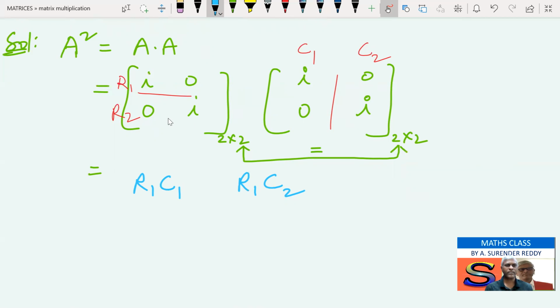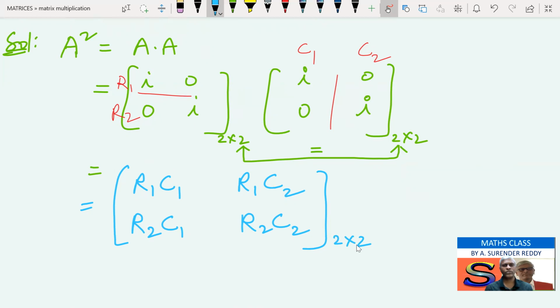Next, take the second row, multiply with the first column. Take the second row, multiply with the second column. So this will be the product matrix. This is of order 2 by 2. 2 rows, 2 columns.